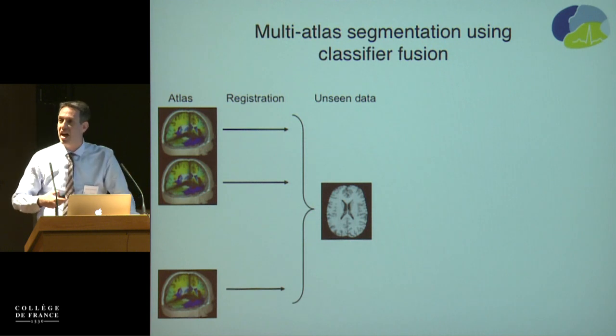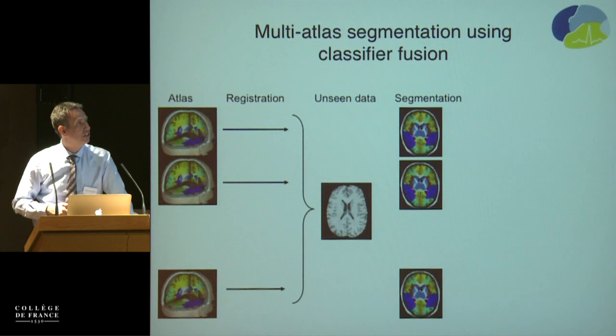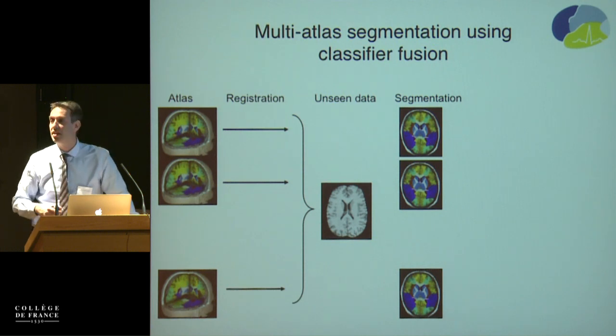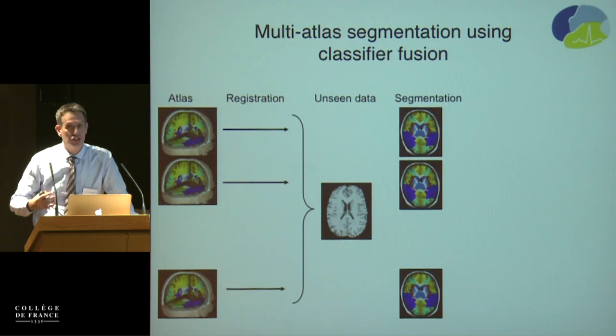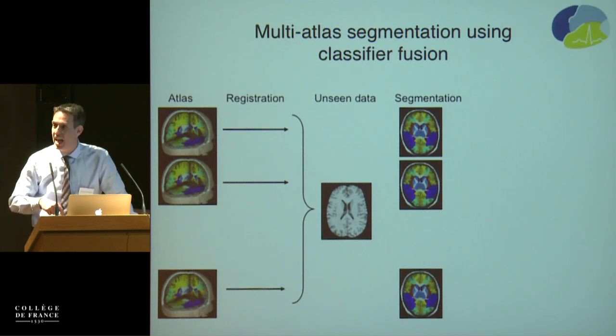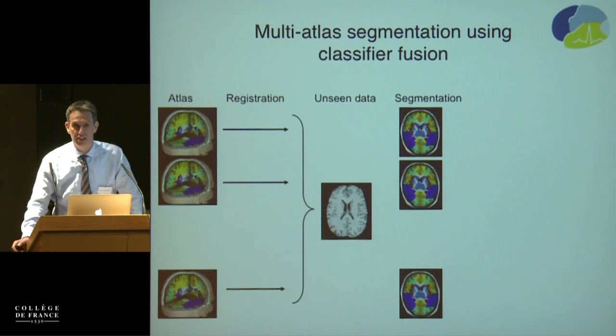And for every atlas I perform this registration, I obtain a solution, a segmentation. Now, all of these solutions will be slightly different because I'm starting with a slightly different atlas. The registration is going to make some errors, but in an ideal world, I can make the assumption that the errors I obtain in those segmentations are hopefully uncorrelated.